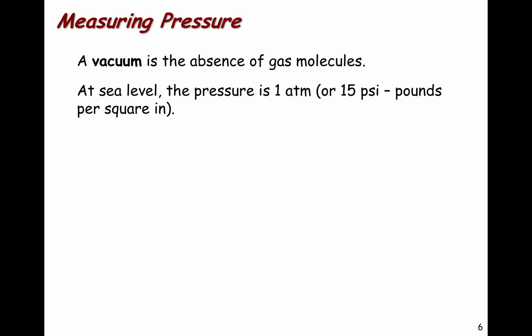It turns out that at sea level, using English units, 1 atmosphere of pressure is equivalent to 15 psi, where a psi is 15 pounds per square inch.